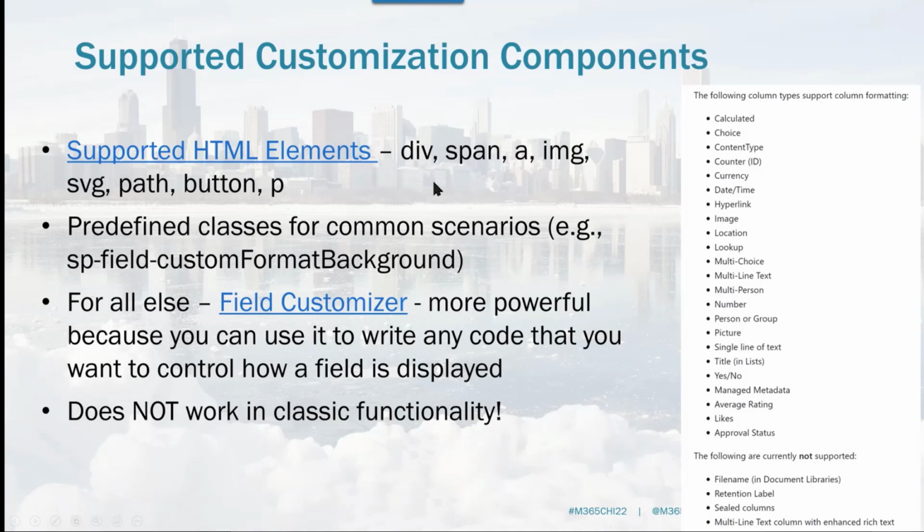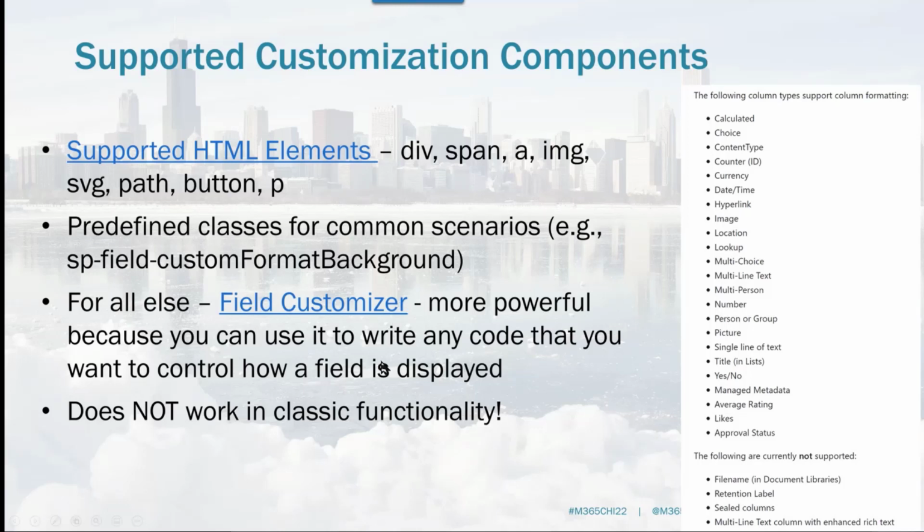But again, I'm not focusing on the developer side. But if you are a developer, you can use those capabilities to customize a lot. You have these predefined classes you can tap into. So Microsoft gives you those predefined classes, which apply for your theme as well. And then for all else, if this doesn't meet your needs, then developers can have this capability where you can create your own fields using the field customizer. Okay?